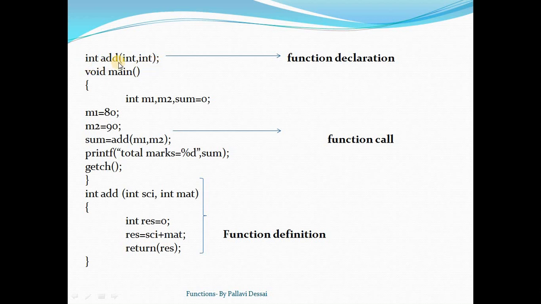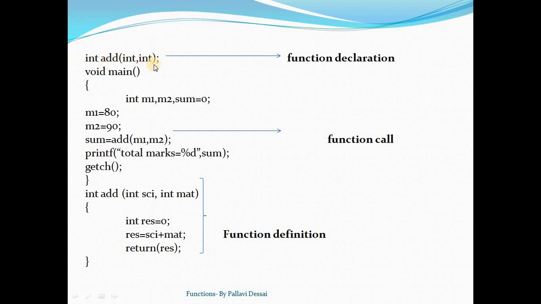This statement tells the compiler that I am going to use a function whose name is add. It will take two values and the values will be of data type integer, and it is going to give us a result of type integer.